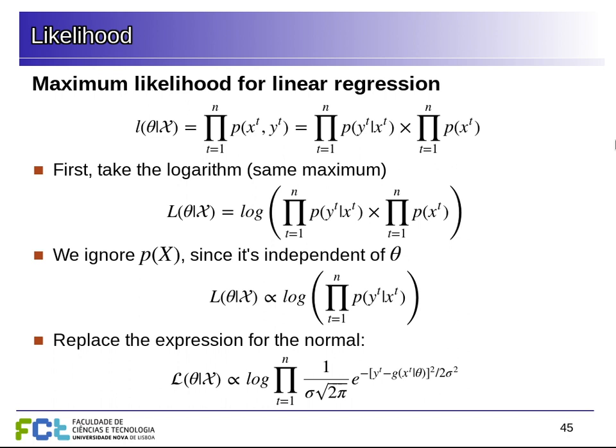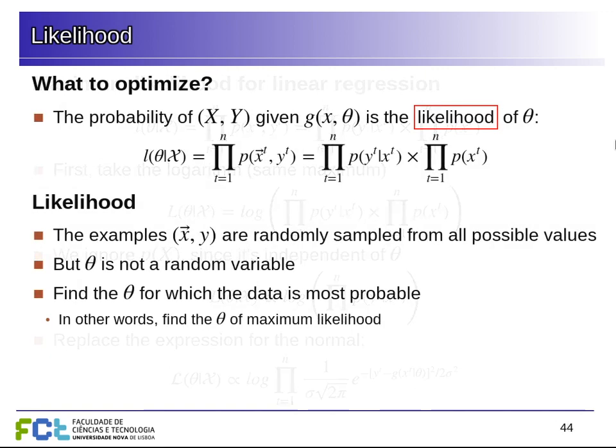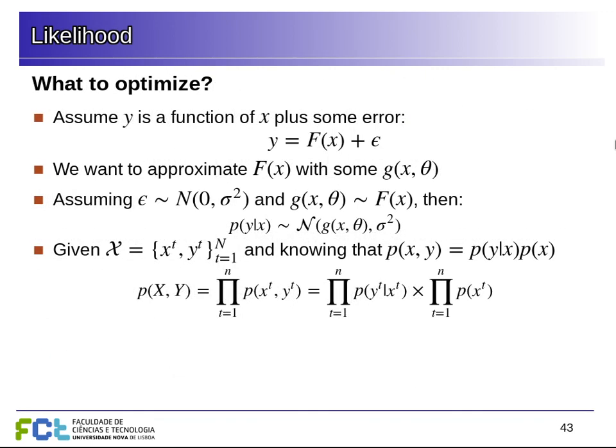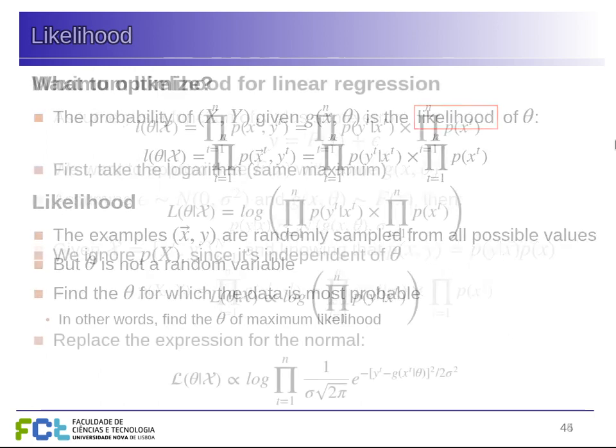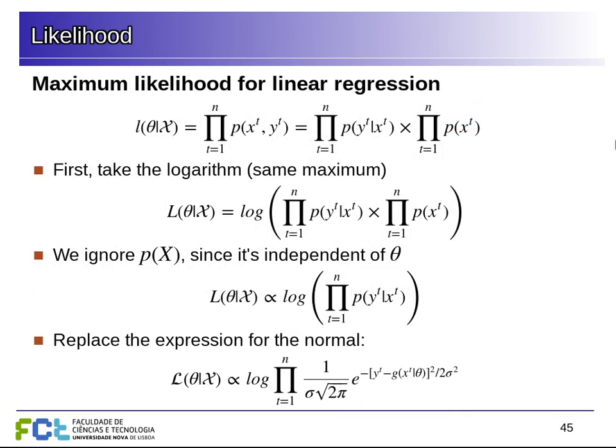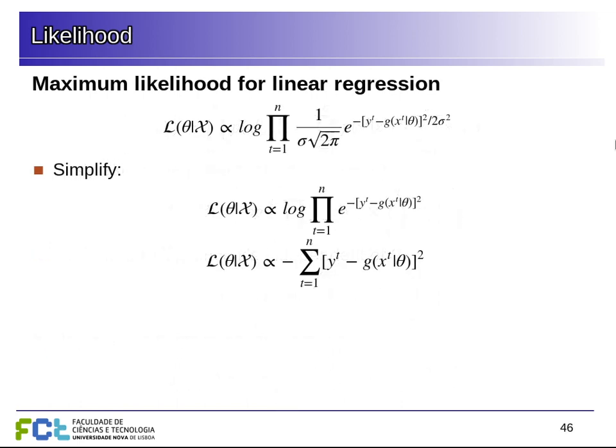And now we can replace here, so the conditional probability of having some specific predicted value given the features is given by this function that we are trying to learn with our parameters plus some normally distributed error, which is what we can put here. So we now replace here the normal distribution of the error, and simplifying this, we obtain this expression.